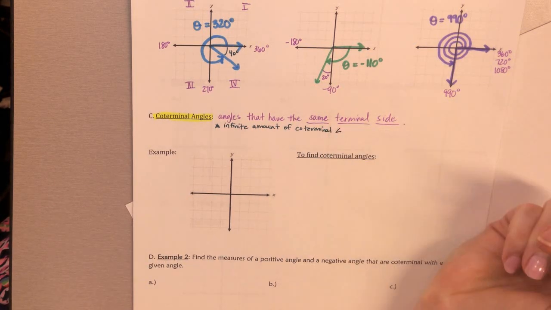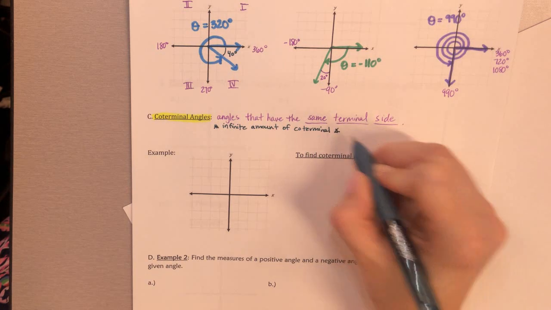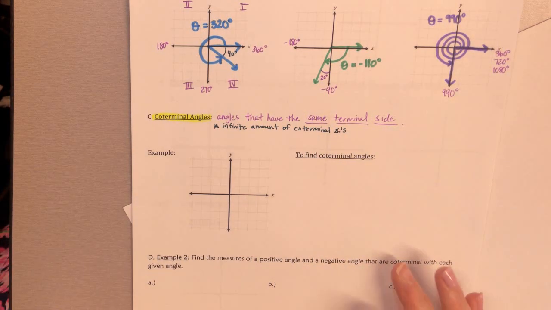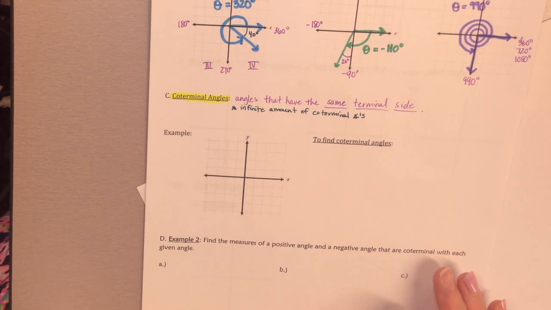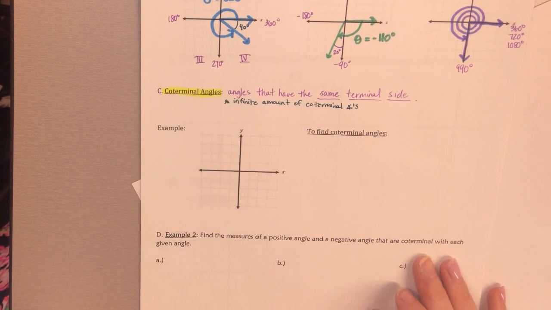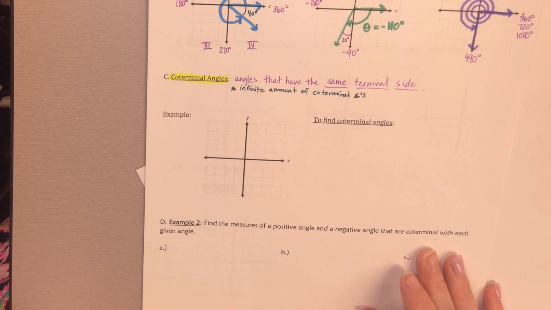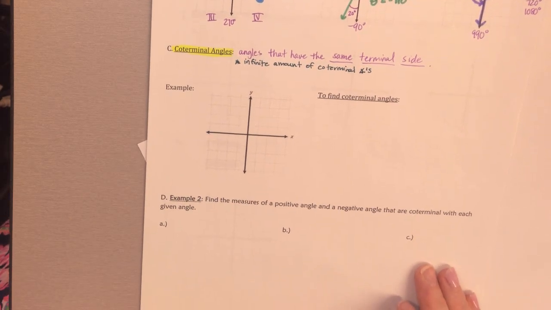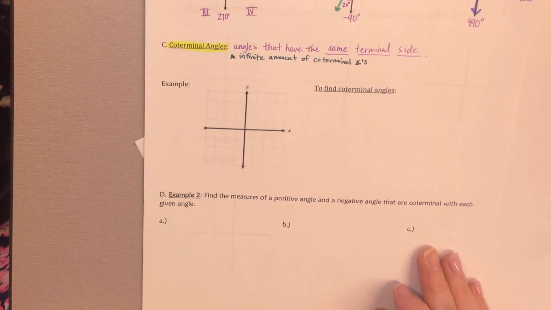It's the angle symbol with this slash through it, and I put the apostrophe S. No, it's not grammatically correct, but I think it looks funny with it. Okay, so an infinite amount of coterminal angles.